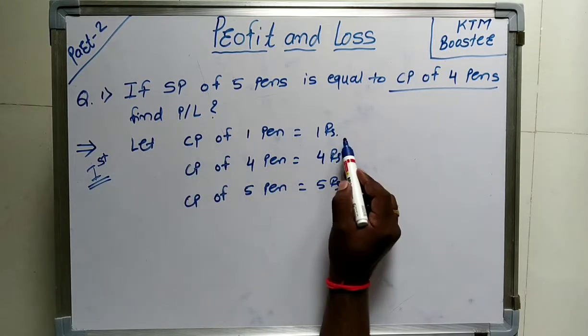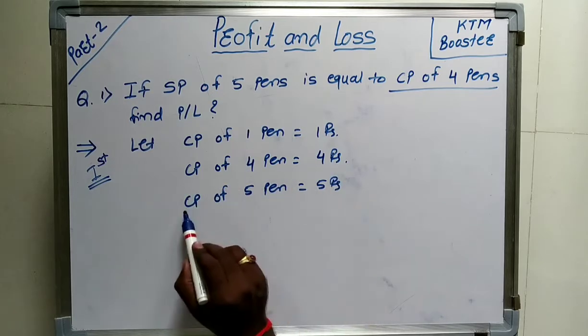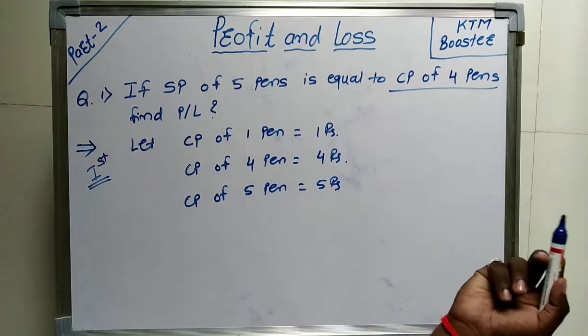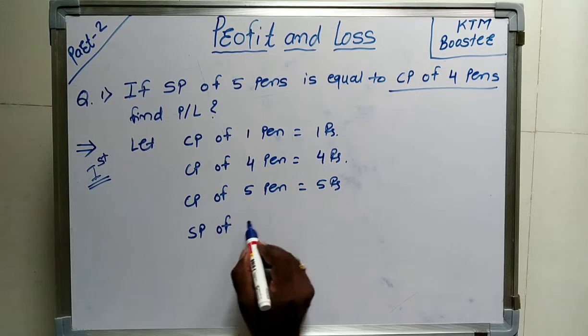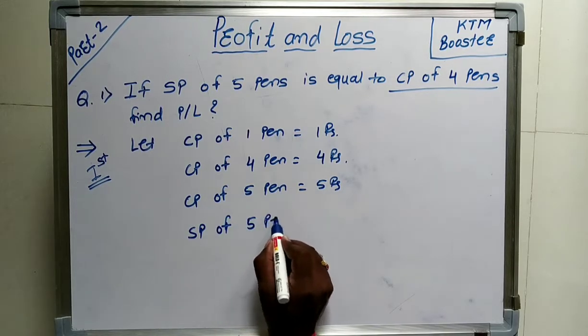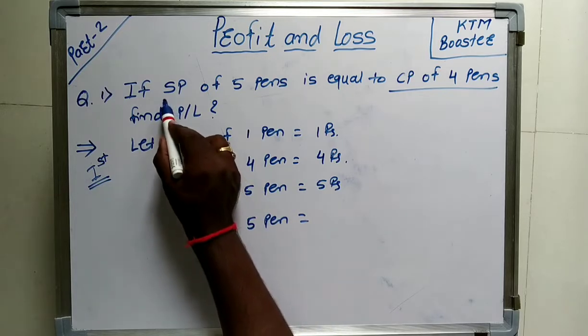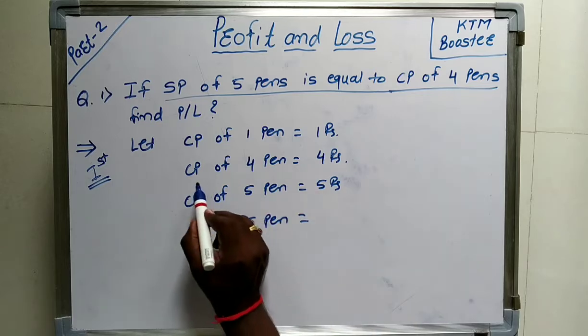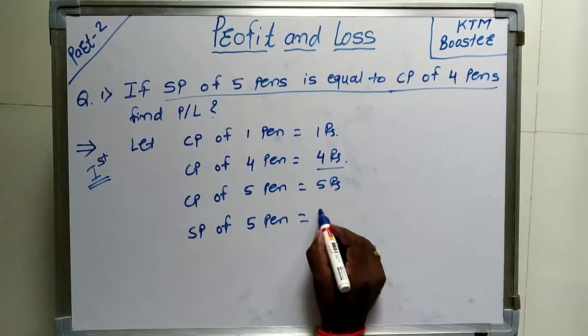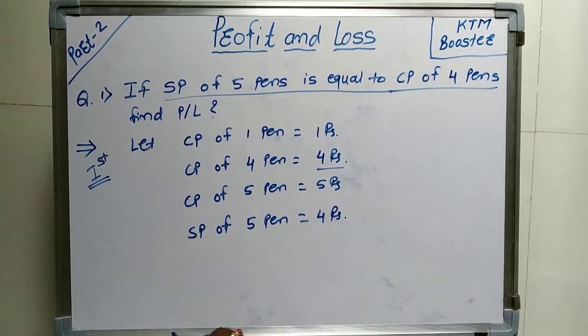Cost price of 1 pen is 1 rupee, of 4 pens 4 rupees, so the cost price of 5 pens is 5 rupees. Then what will be the SP of 5 pens? They have given that the SP of 5 pens is equal to the CP of 4 pens, that is 4 rupees.